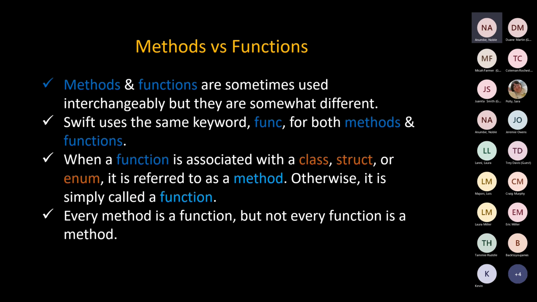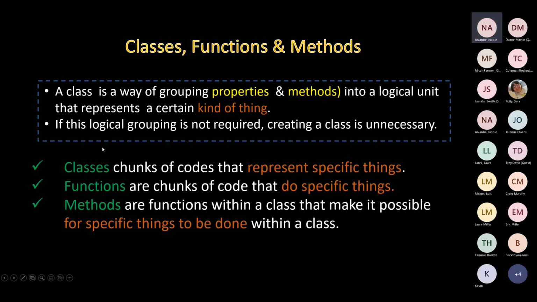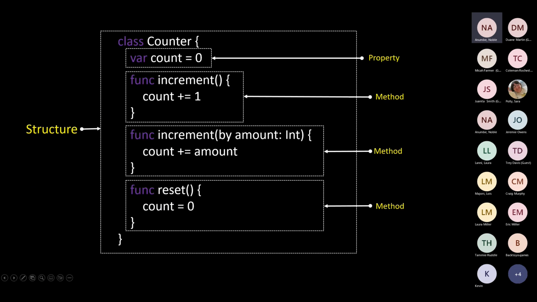So methods and functions are sometimes used interchangeably, but they are somewhat different. Now notice Swift uses the same keyword, func, for both methods and functions. I showed us examples of methods, right? Here, notice we're still using func, which is a keyword reserved for functions.